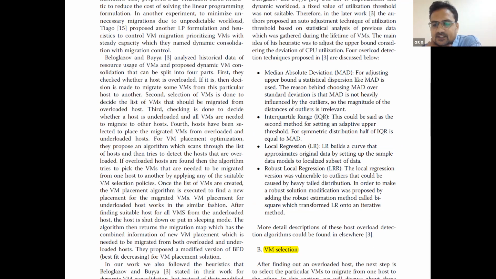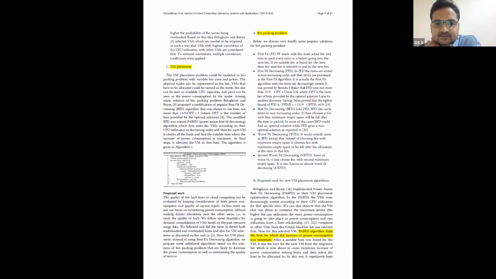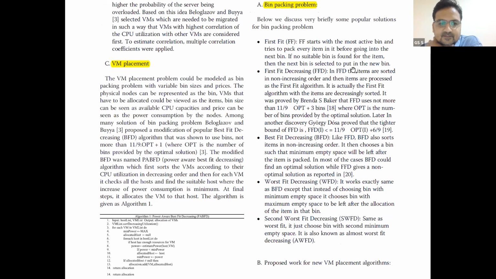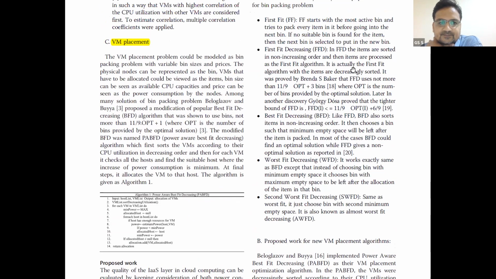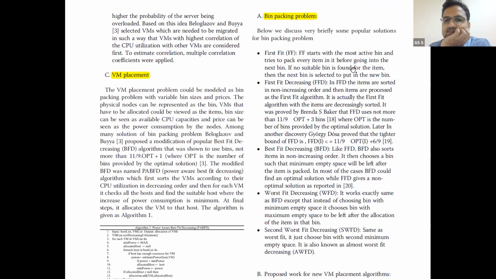Second, it should be selected to be migrated. So a VM placement algorithm can be of these types, a bin packing problem.